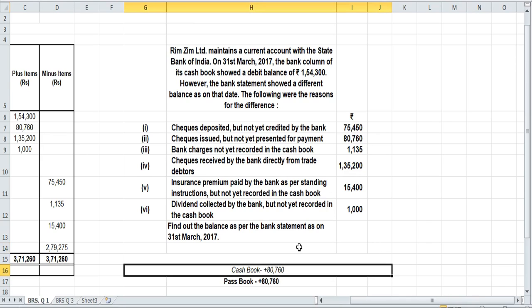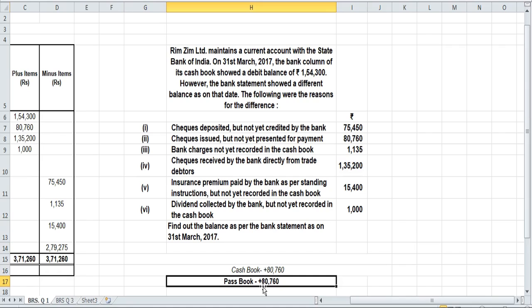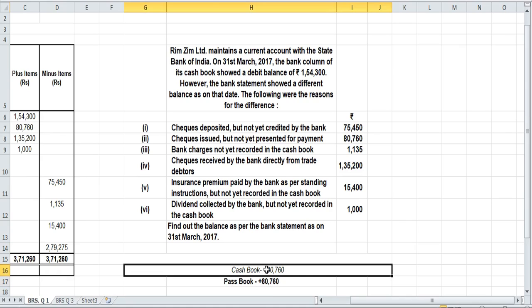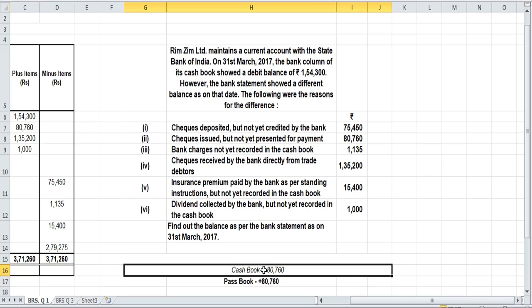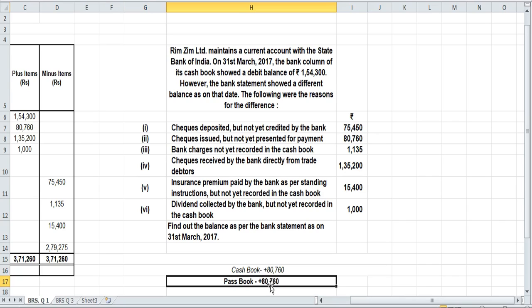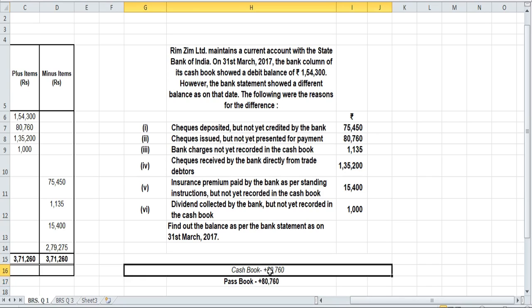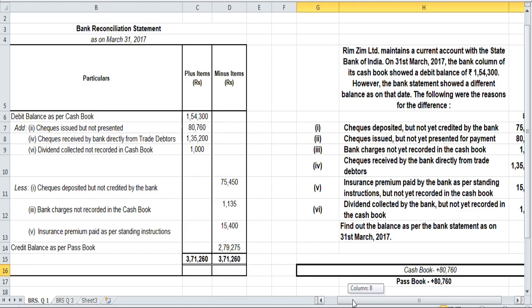The cash we had issued, we had taken out, but actually in the passbook we have not taken out the money. So we have to match with the passbook. Whatever was taken out, we will bring it up again by 80,760. So this issue will become plus.